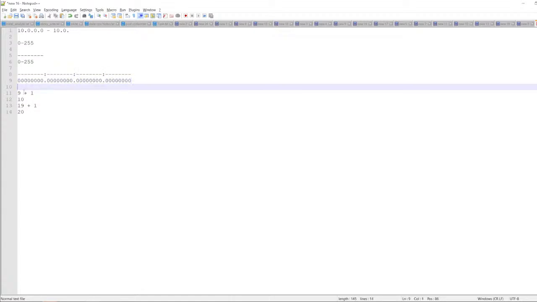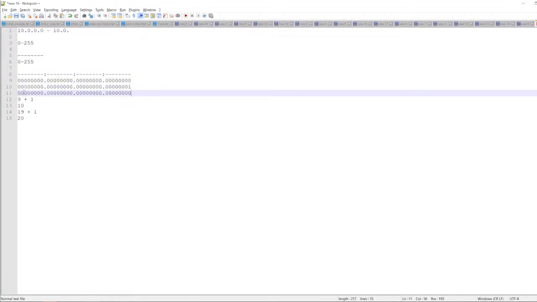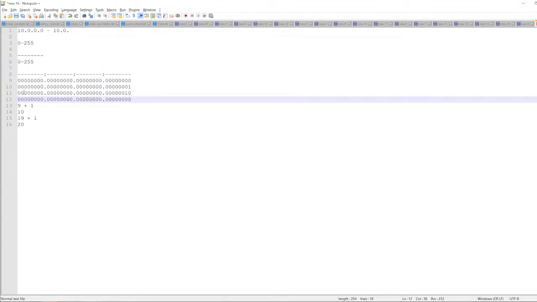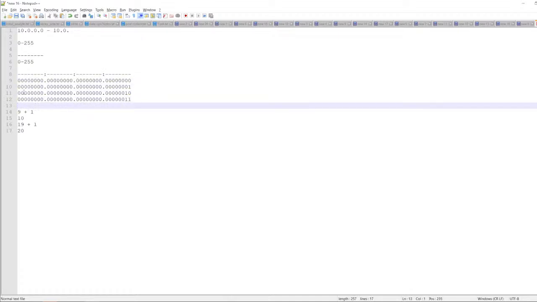Now if I want to increase, what will be the next value? 1. The next is 2 in binary, then 3, and so on. It will go up to 1 1 1 1 1 1 1 1.